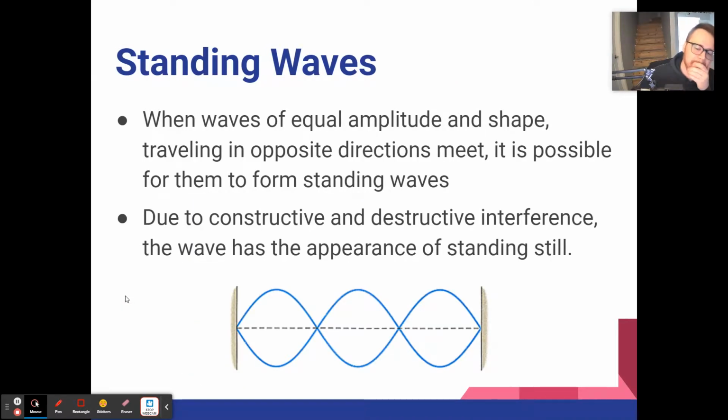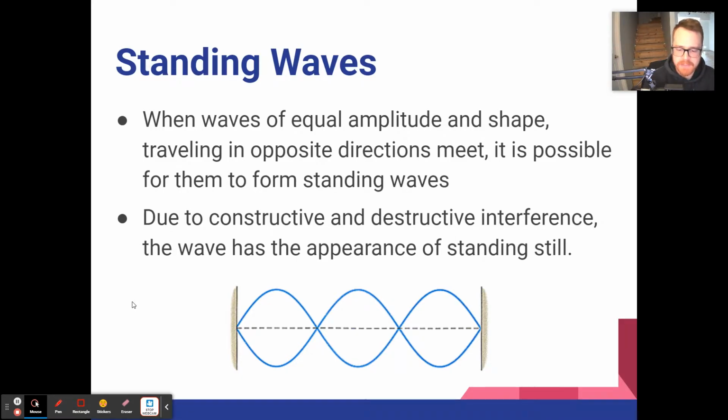Now, this all has to come together in the form of standing waves. What are standing waves? These are waves of equal amplitude and shape traveling in opposite directions. They meet together and combine in particular locations. They're a combination of constructive and destructive interference.